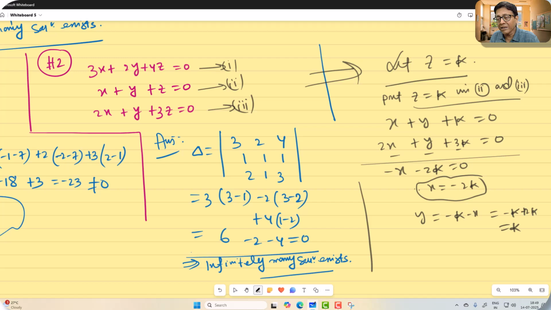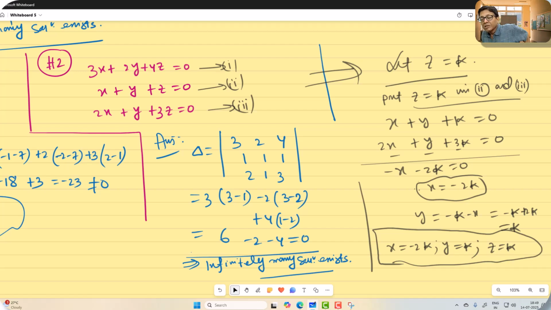So what you are getting there? x is minus 2k, y is k and z is equal to k. Clear? Now k belongs to the real number set. So you will be getting infinitely many solutions over there. Whenever this situation arises, that the coefficient determinant comes to be 0 for a system of linear equations, then there are infinitely many solutions and you have to get them this way.